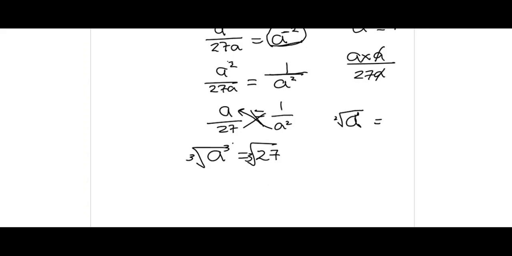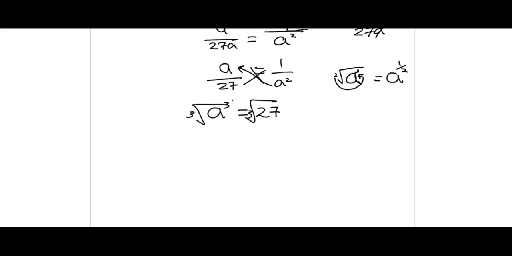So this 2 will come under the 1, and this is a raised to the power of 1 over 2. So that's some basic operations you need to know when solving that are very handy. So these will cancel out, we are left with a, and then you can go ahead and compute the cube roots of 27 in your calculator.